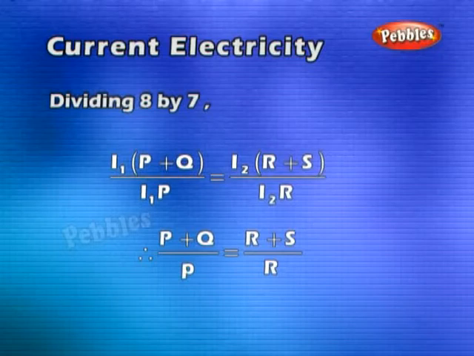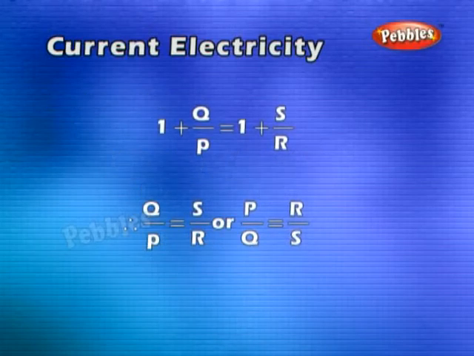P plus Q divided by P equals R plus S divided by R. 1 plus Q divided by P equals 1 plus S divided by R. Q divided by P equals S divided by R, or P divided by Q equals R divided by S. This is the condition for bridge balance. If P, Q, and R are known, the resistance S can be calculated.